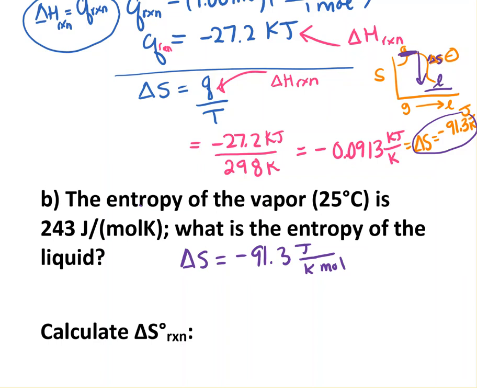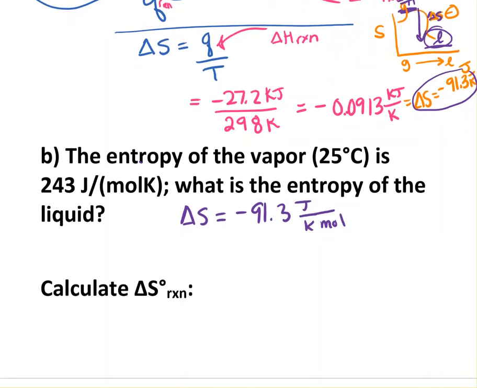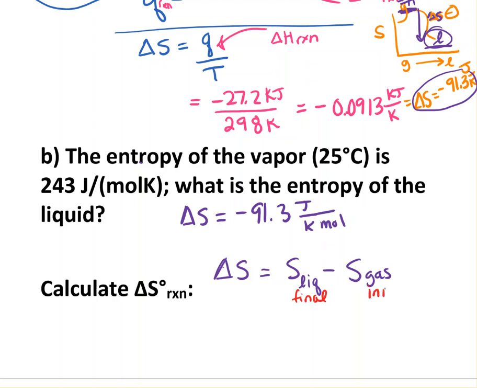I know the change, so I can calculate the entropy of the liquid. In other words, the change in entropy for the substance is equal to the entropy of the liquid minus the entropy of the gas. How I got that is that this is the final, and this is the initial.